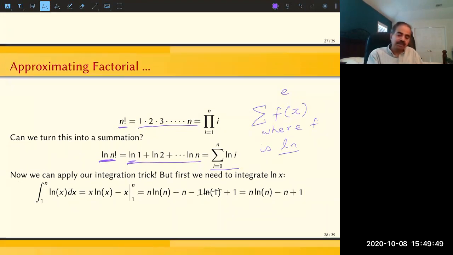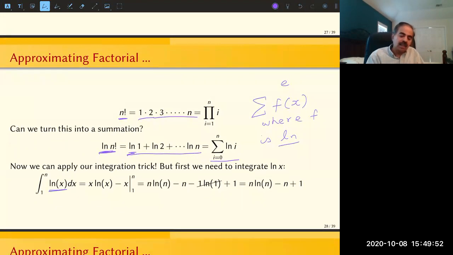Now you need to know what you get if you integrate natural logarithm of x. Take it as a given that if you integrate ln x, you get x ln x minus x. If you're not convinced, you can later try to differentiate this and convince yourself that it leads to ln x.